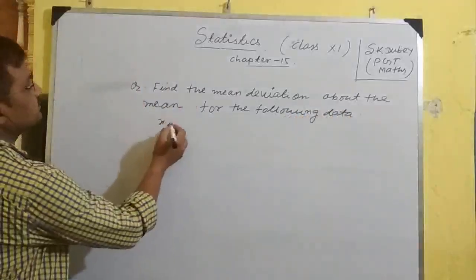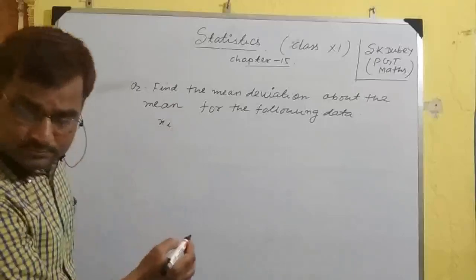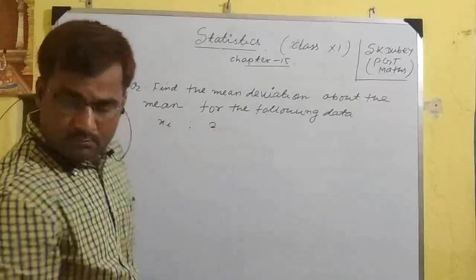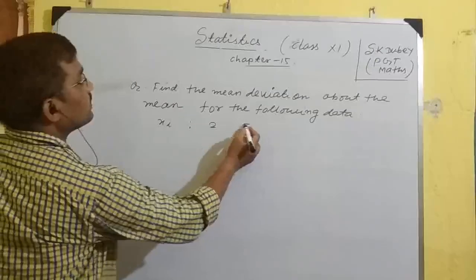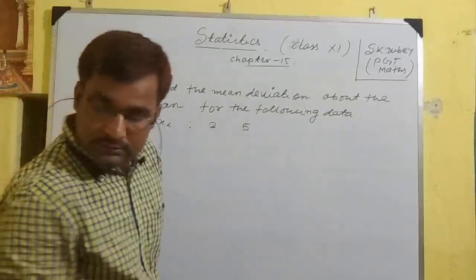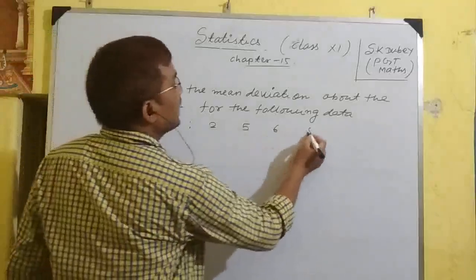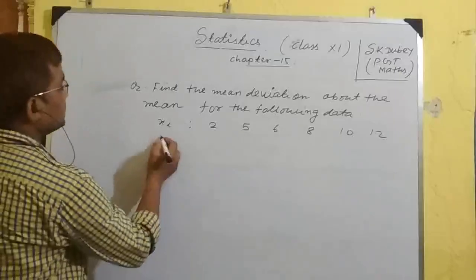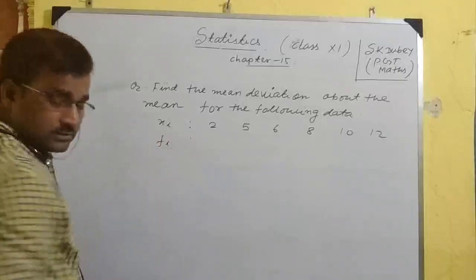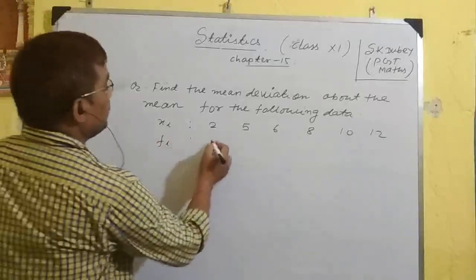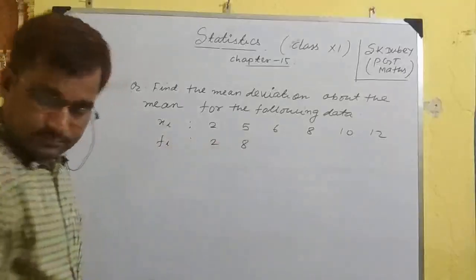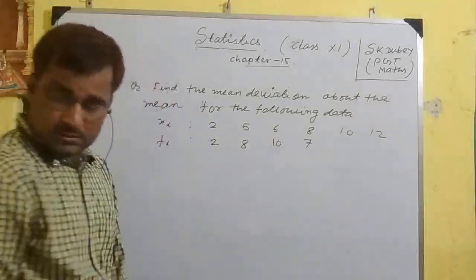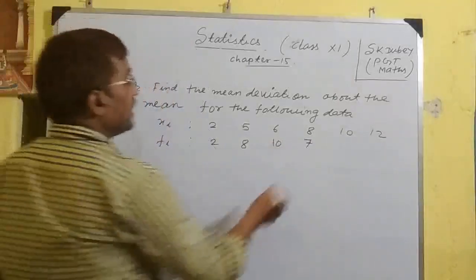xi is 2, 5, 6, 8, 10, 12, and fi is 2, 8, 10, 7, 8 and 5.